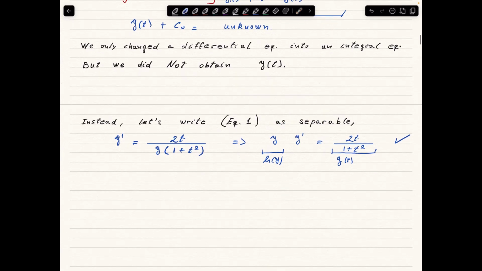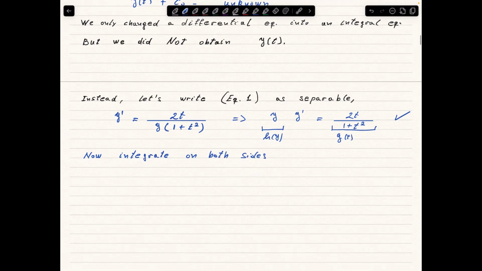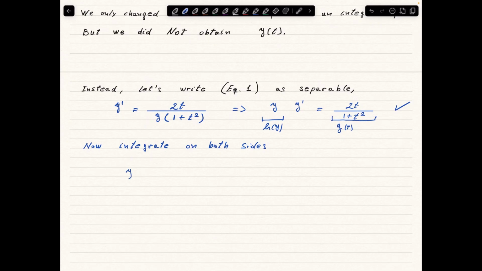So now we integrate on both sides of the equation. What is going to happen? Well, we have our function y of t multiplied by y prime of t, and this is equal to 2t divided by 1 plus t squared.